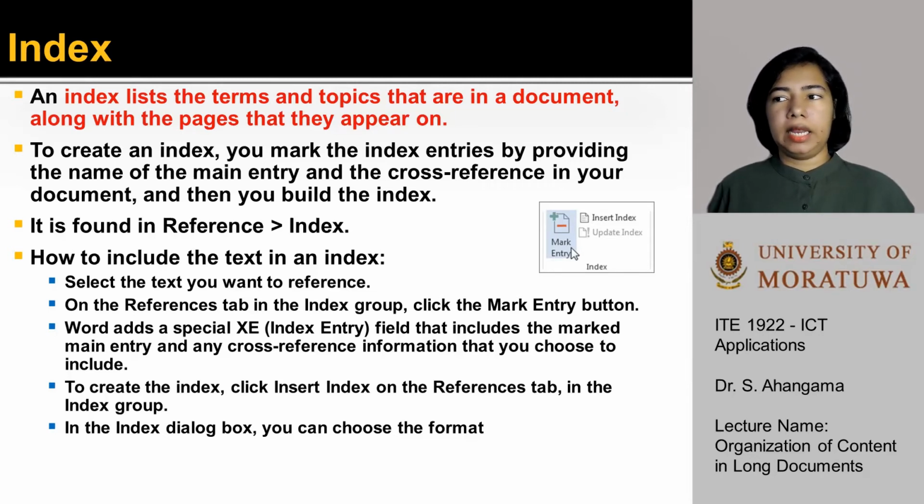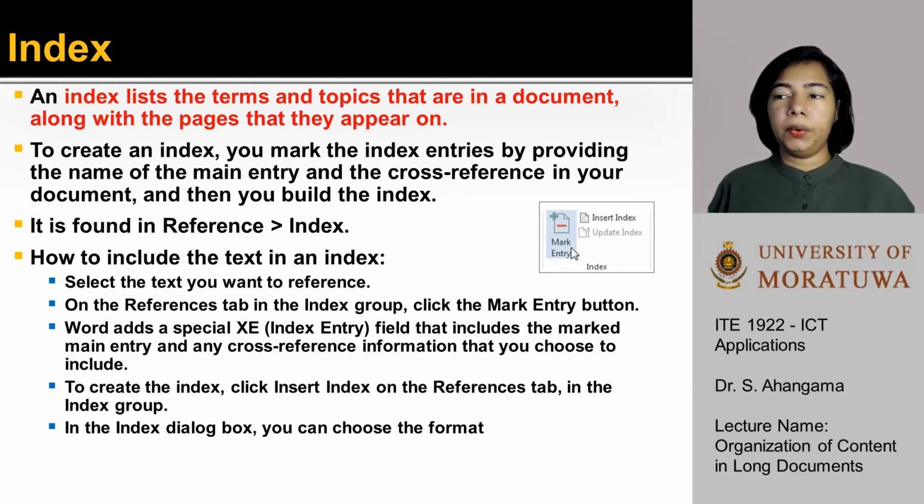You mark the index entries by providing the name of the main entry and the cross-reference in your document. And then you can build the index. So it is available in the reference and you can select index. So here also you can see the options available for index.